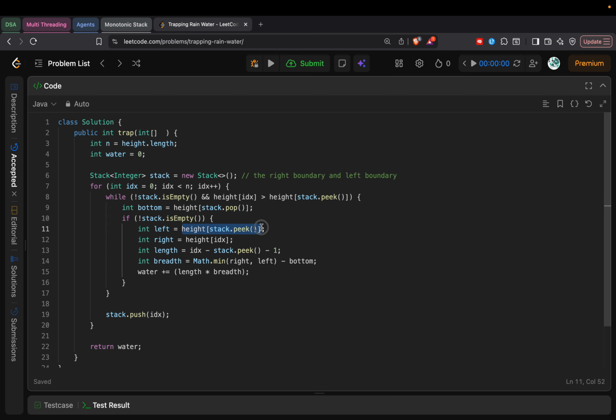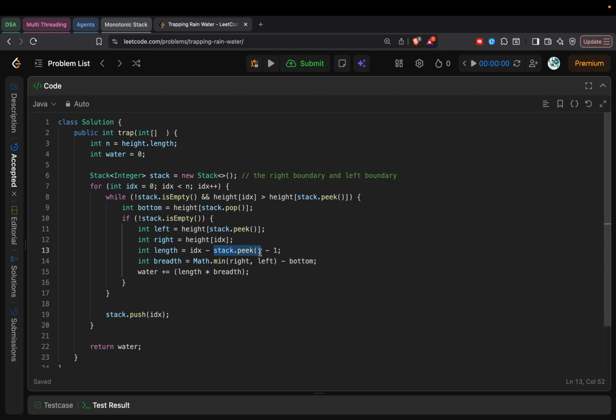Okay, now that I know left and right, I should be able to determine the height, which is in this case the breadth. Okay, the breadth is basically minimum of right and left minus bottom. Okay, my length is basically index minus the top of my stack minus 1.